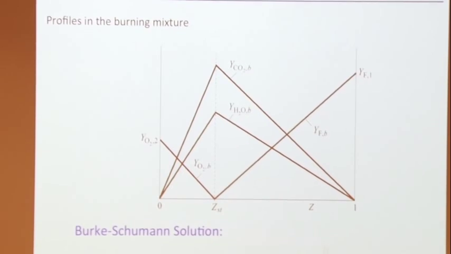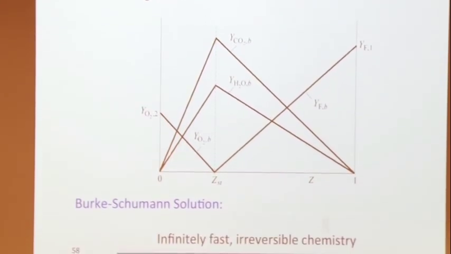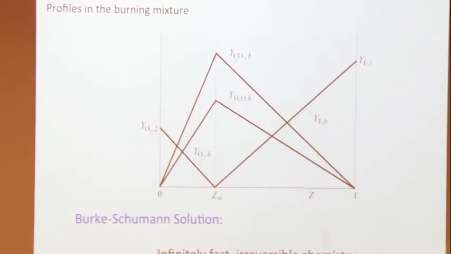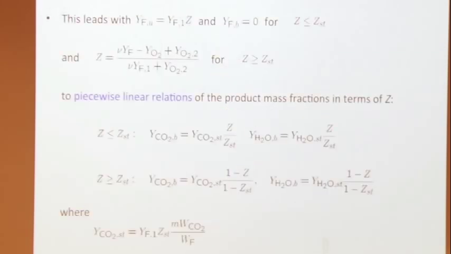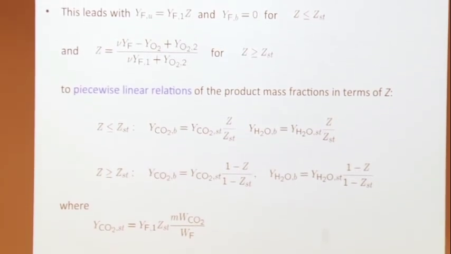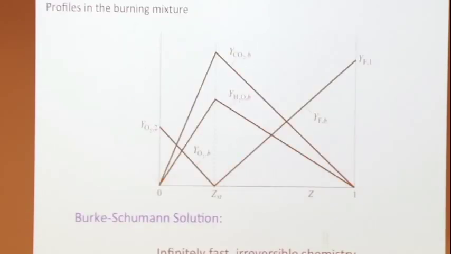Under these assumptions, which we used in getting these relations, this is how it looks. You get the maximum here at stoichiometric. We actually have a value for this also. This is a quantitative value, so you can really determine the stoichiometric value quantitatively.